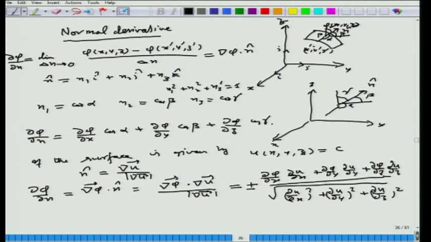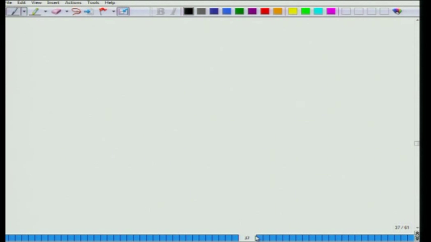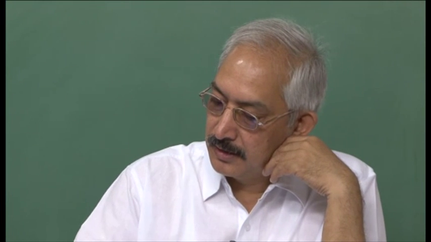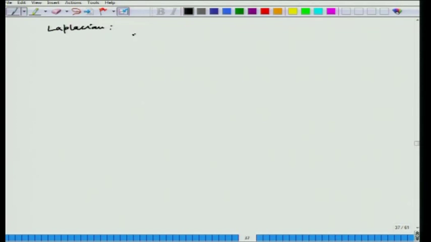Now, here the Laplacian will be defined. The Laplace operator, or Laplacian, is defined for a twice continuously differentiable function.